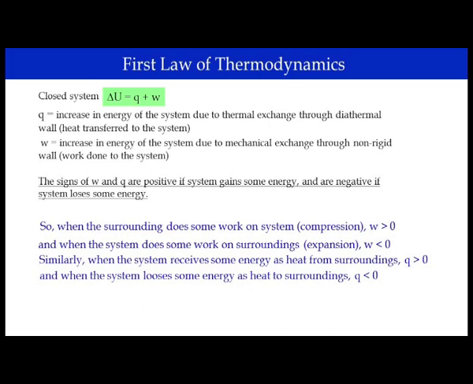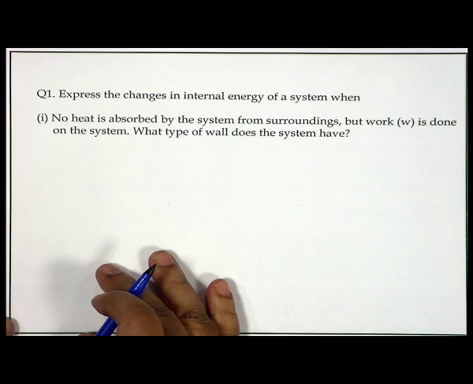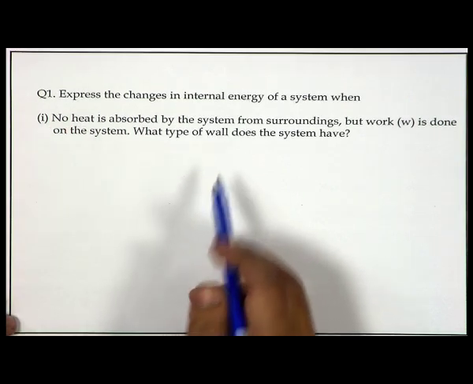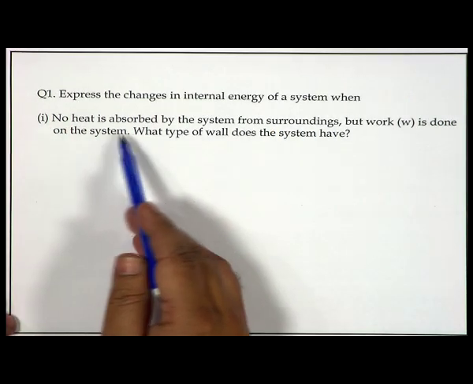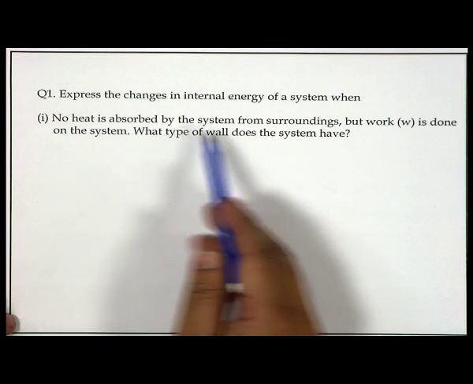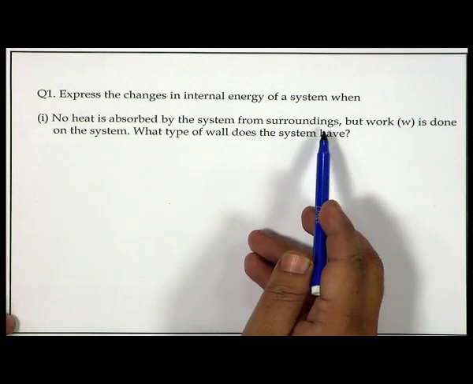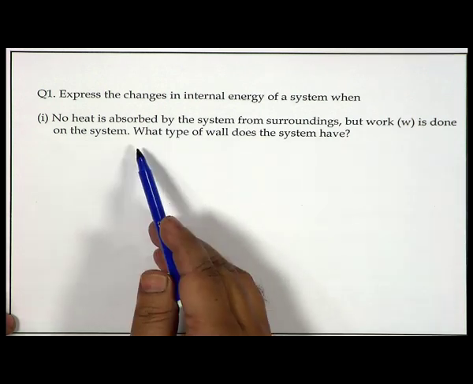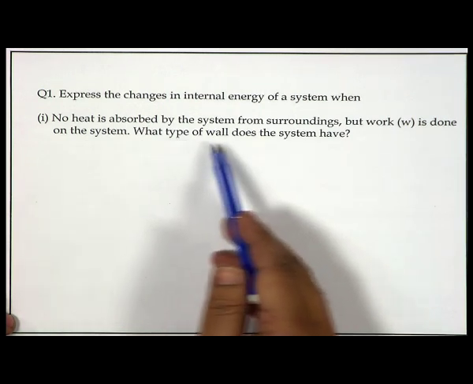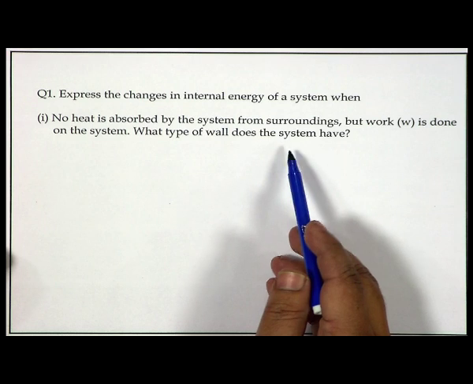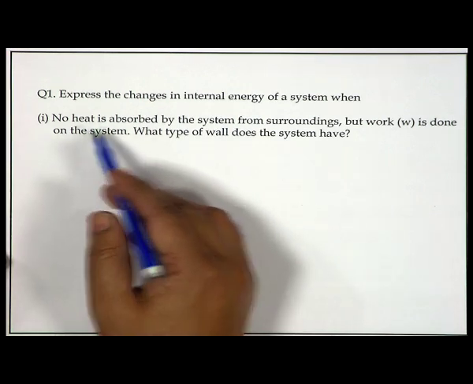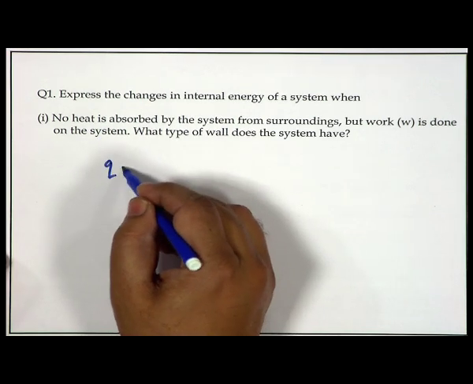So, we look at some questions from your textbook. Express the change in internal energy of the system when no heat is absorbed by the system from surroundings, but work W is done on the system, and what type of wall does the system have. Now, in this case no heat is absorbed, so Q is 0.